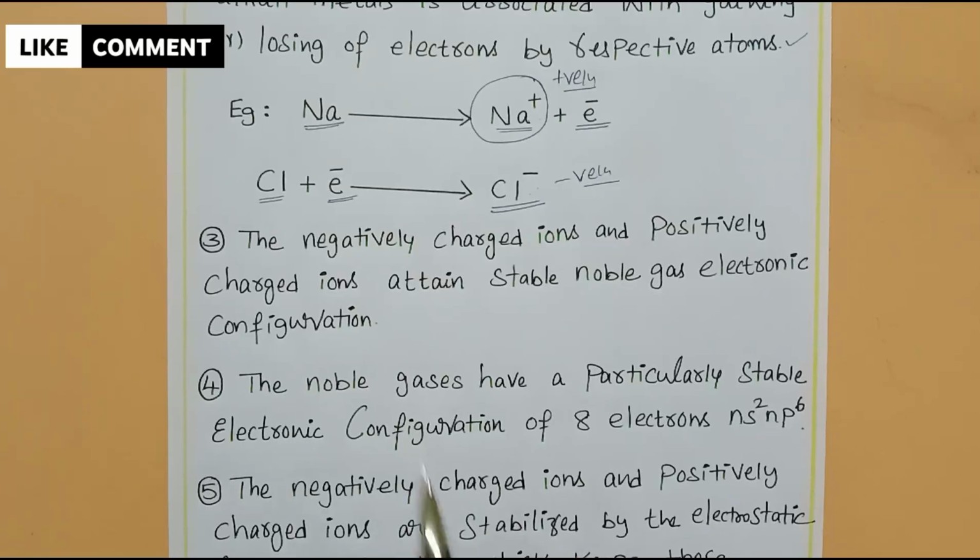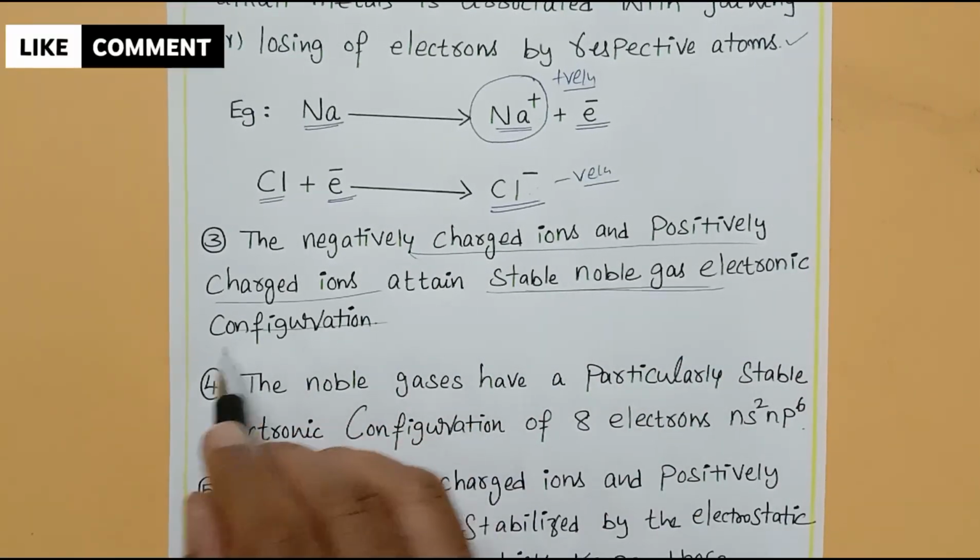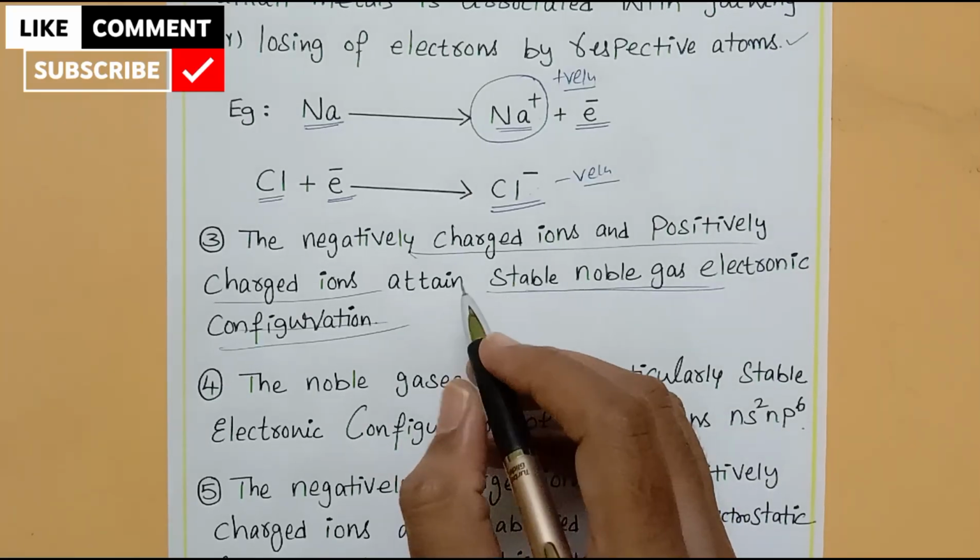The negatively charged ions and positively charged ions attain the stable noble gas electronic configuration, as we said in the previous point.